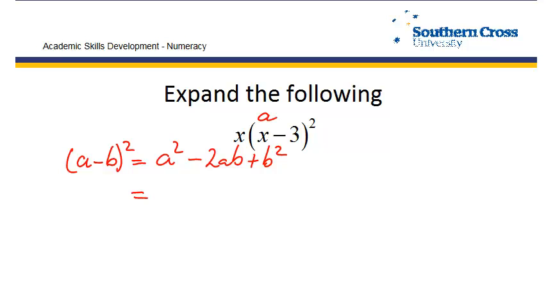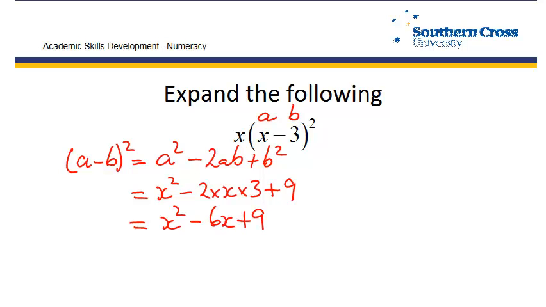So this is our a, this is our b. So a squared must be x squared minus 2 times x times 3 plus b squared is 3 squared, which is 9. So this is equal to x squared take 6x plus 9.